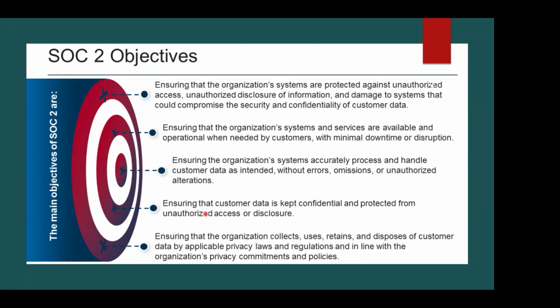It also helps to ensure organization systems accurately process and handle customer data, ensure customer data is kept confidential and protected from unauthorized access, and also it helps to ensure organization collect, use, retain, and dispose customer data by applying data privacy laws and regulations and other organizational commitments. So these are the very high level objectives. But again, as I said, if I have to summarize all these 5-6 bullet points, the whole thought process is okay, how you want to secure your data, your information.